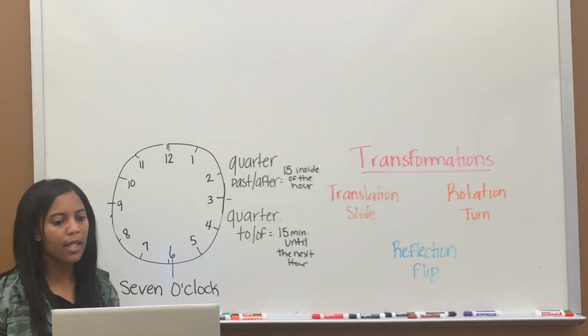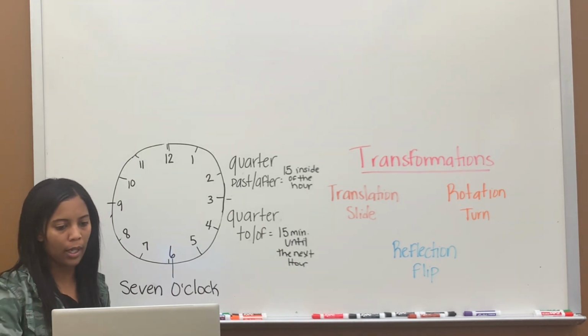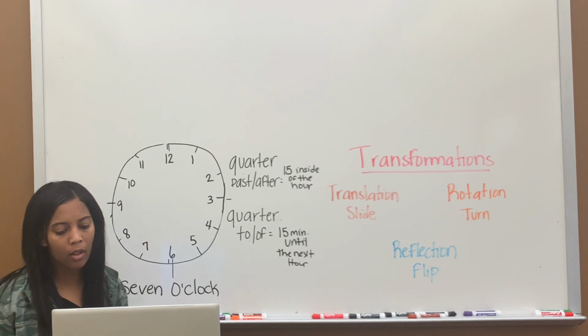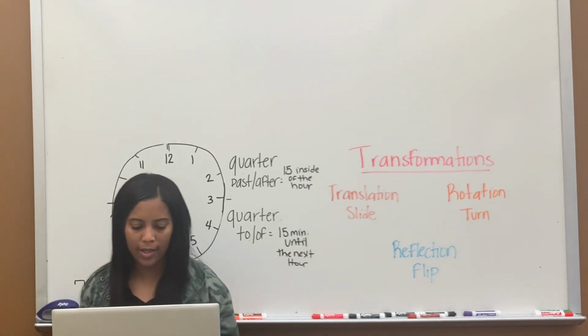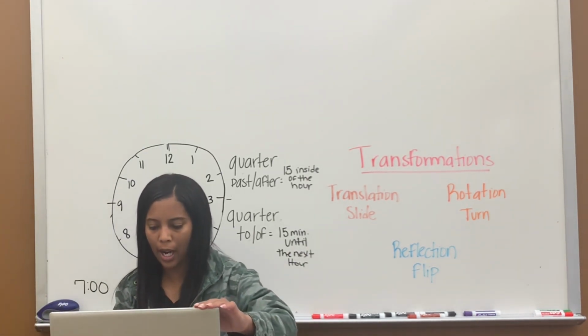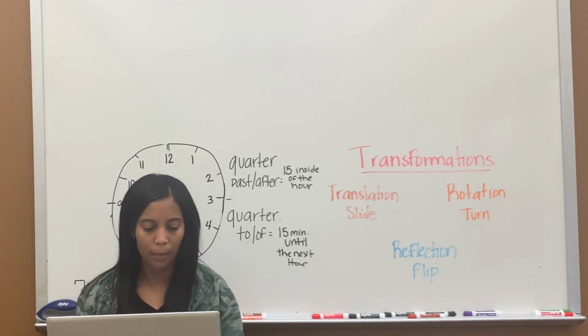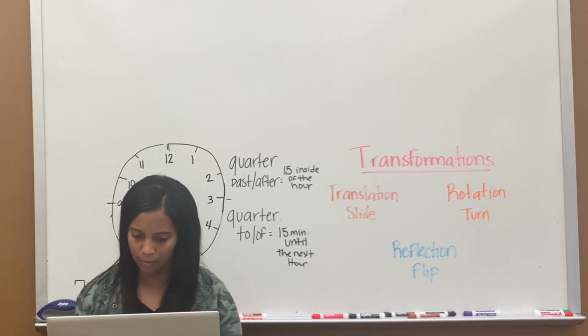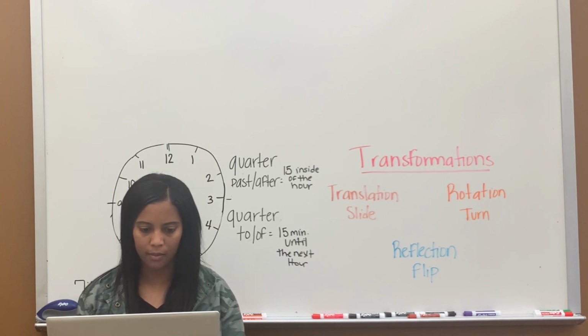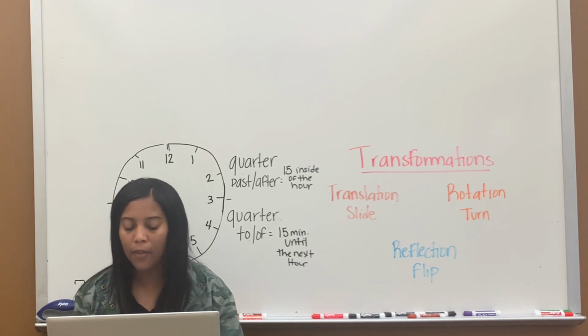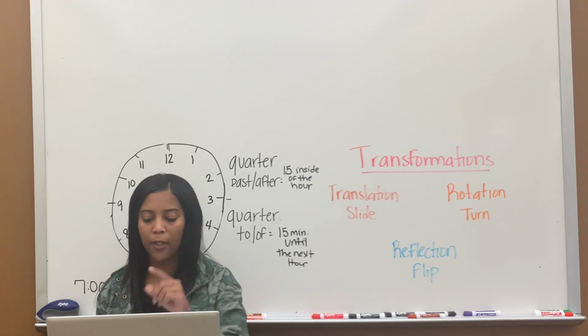Okay, so now let's look at number 2. Look at the time. What time is it now? Look at where your hour is and look at where your minute is. But don't write yet. What time is it? It is 7:15. So go ahead and put 7:15 in the box.